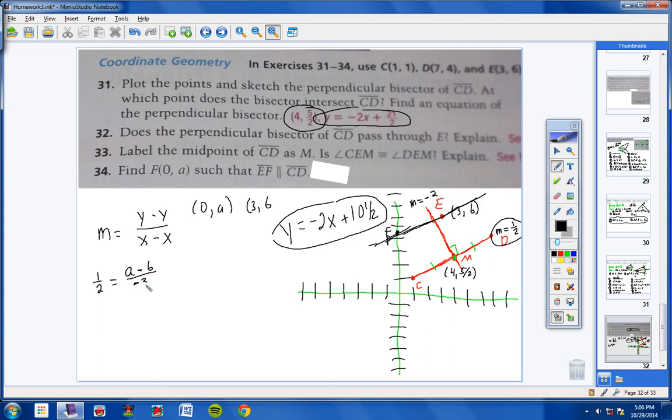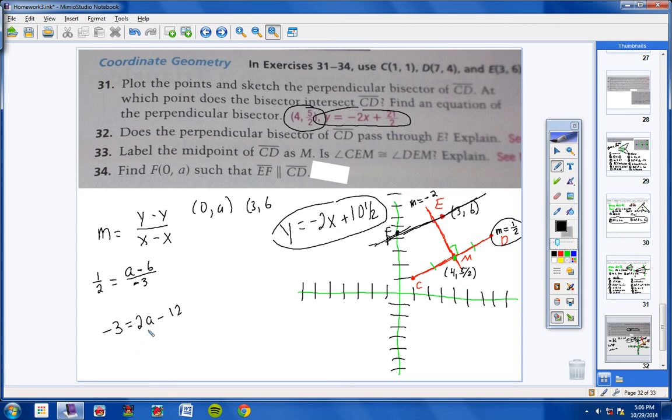Okay? Now, we've learned this back in middle school. Whenever two fractions are equal, like these two fractions are, we can cross multiply. So I can multiply 1 times -3, and I will get -3. Okay? I can multiply 2 times a minus 6, and I can get 2a minus 12.